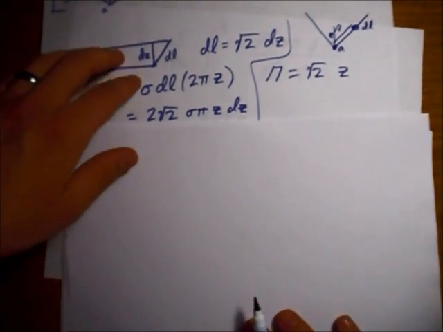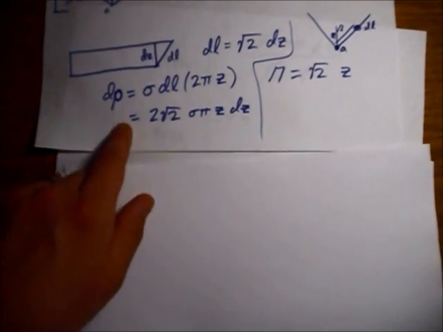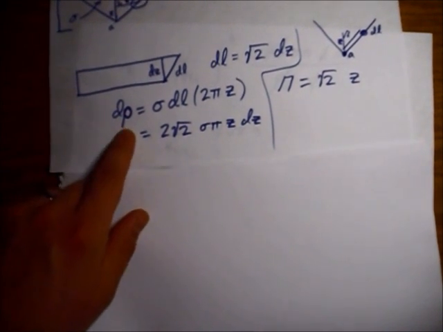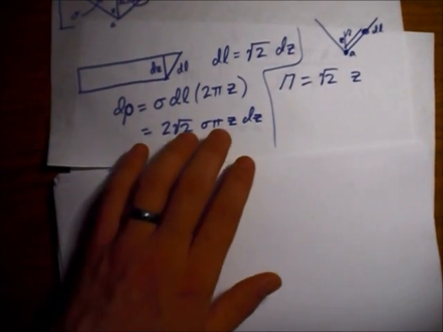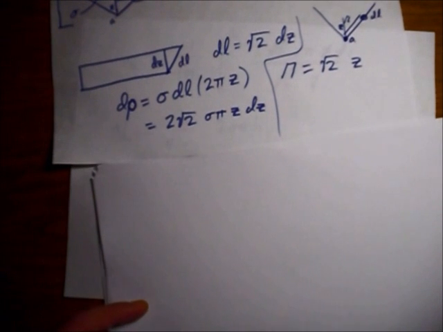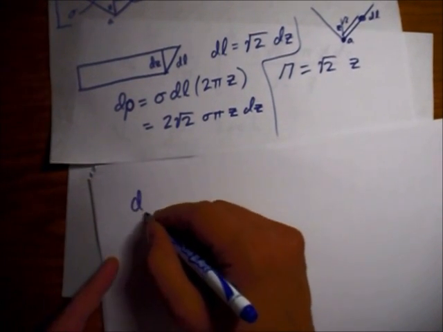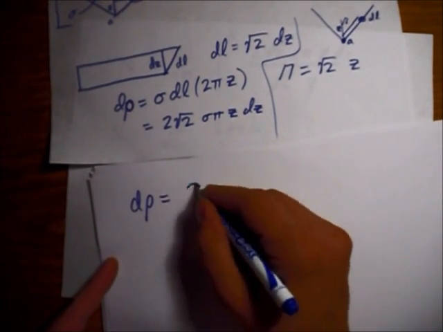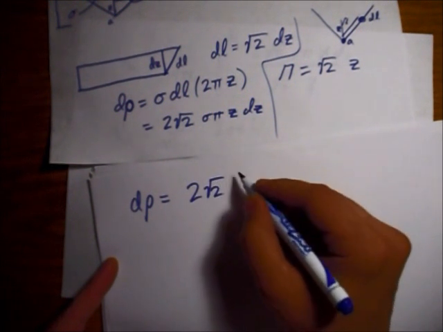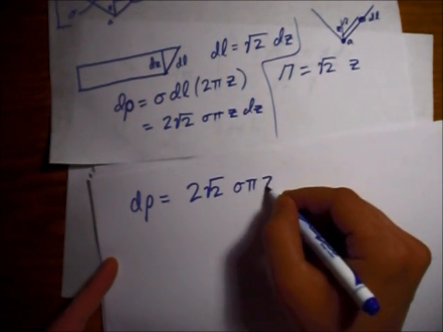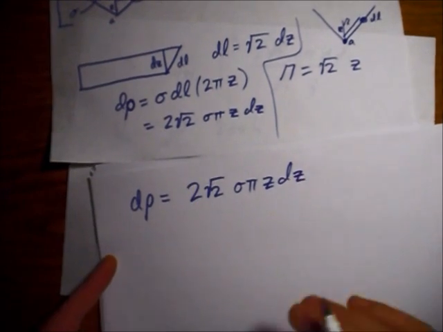Our infinitesimal piece of charge, though, is still the same. Let me just write that out again: 2 square root of 2 sigma pi z dz.